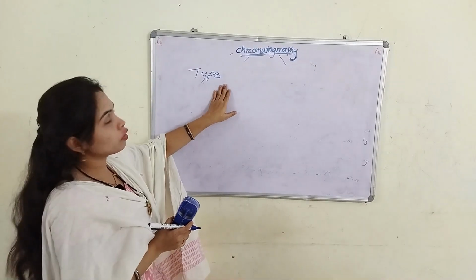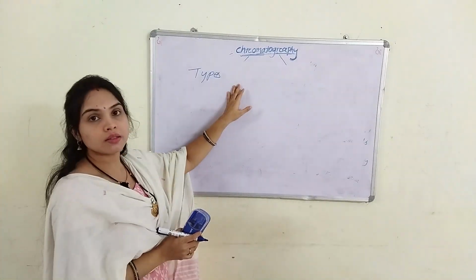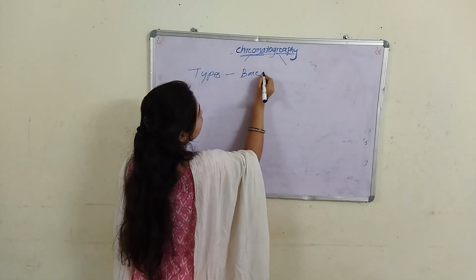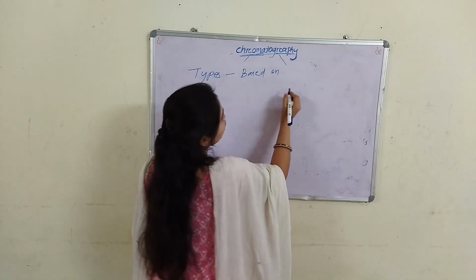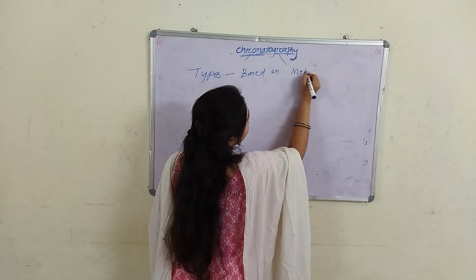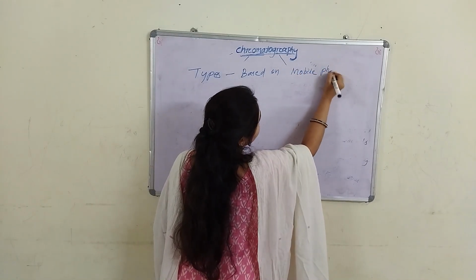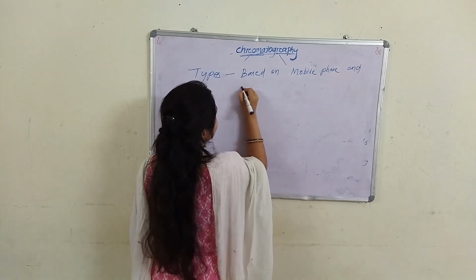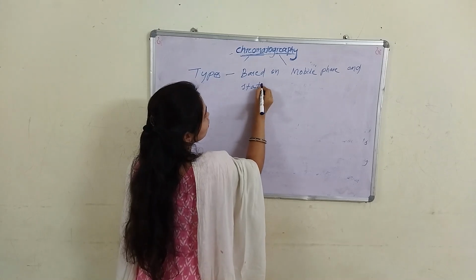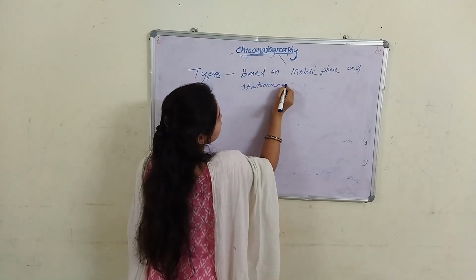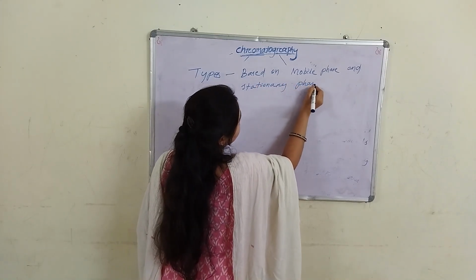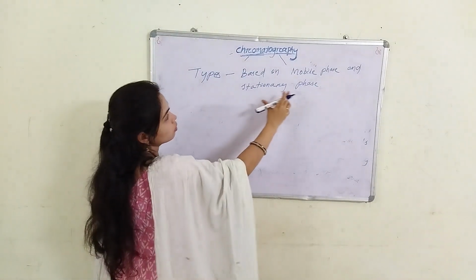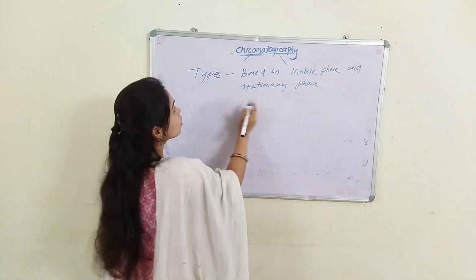The types of chromatography, first, are based on the mobile phase and stationary phase. Basically, it is of two types based on the mobile phase and stationary phase.